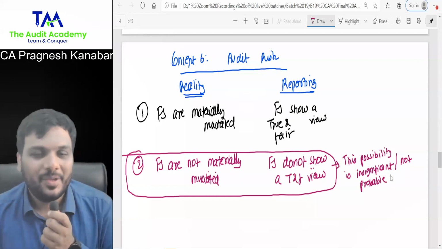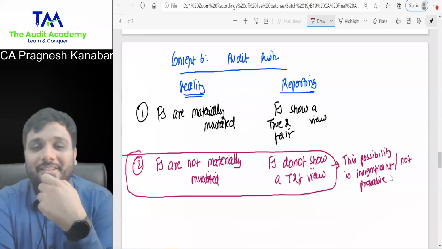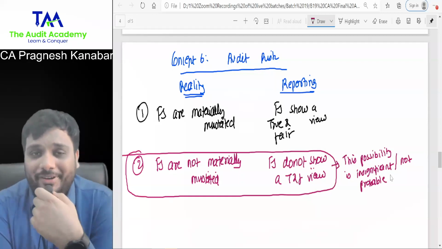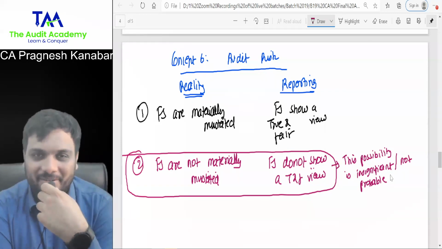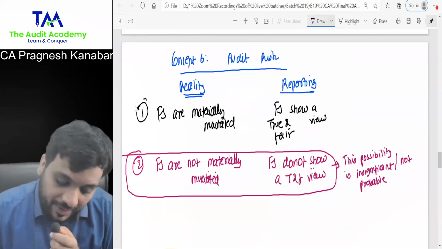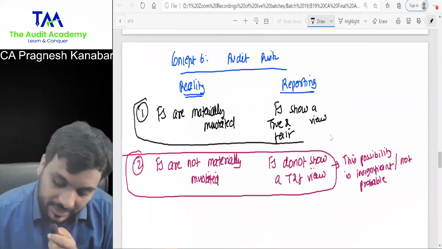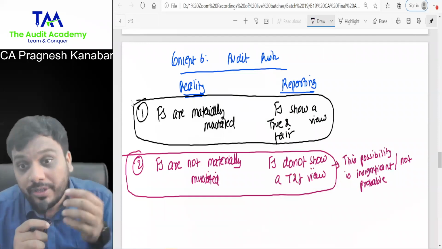But when someone is bad and you tell that person, you're a very good guy, you're very honest, then that person is just going to smile. Thank you. That you will come to know later. So we do understand that the first one, where financial statements are materially misstated, and you have written that financial statements are showing a true and fair view.